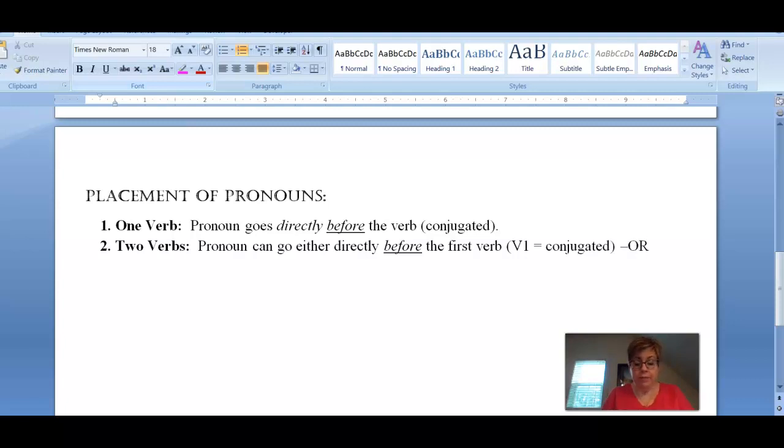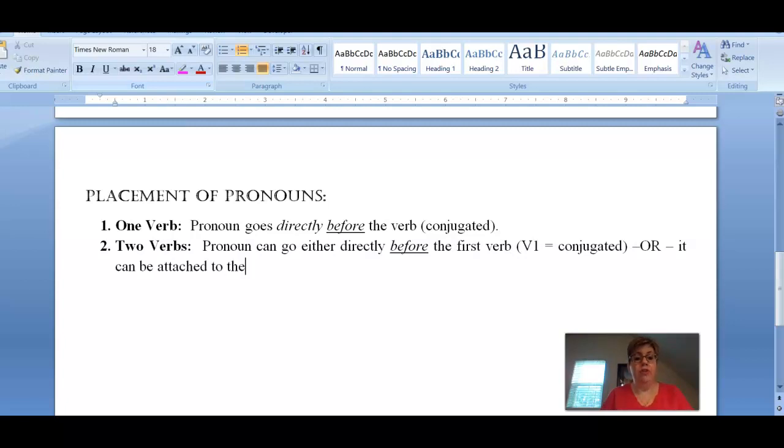Or it can be attached to the end of the second verb. Okay, so verb 2. And verb 2 is the one that stays in the infinitive. So it's not conjugated.